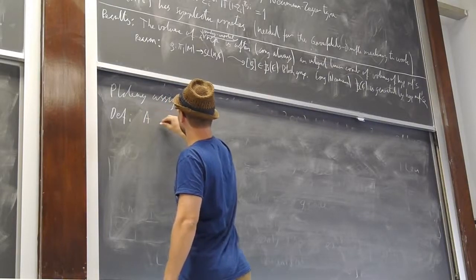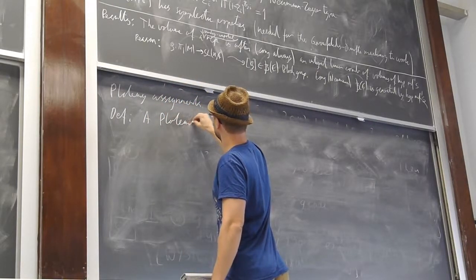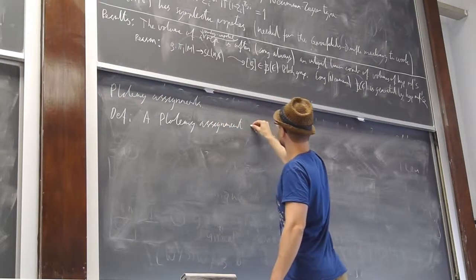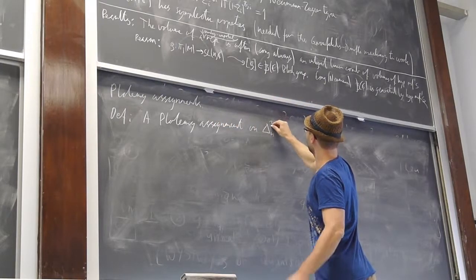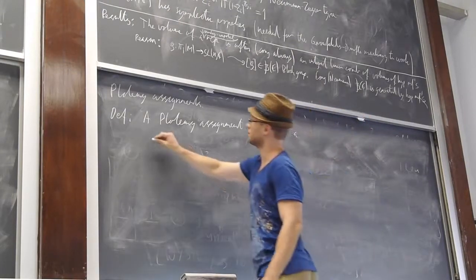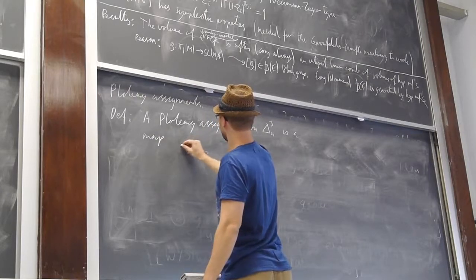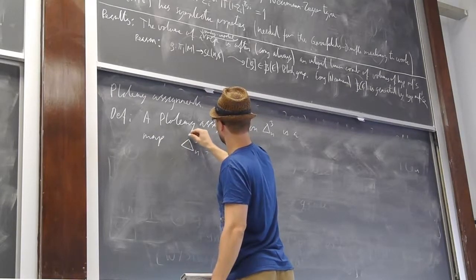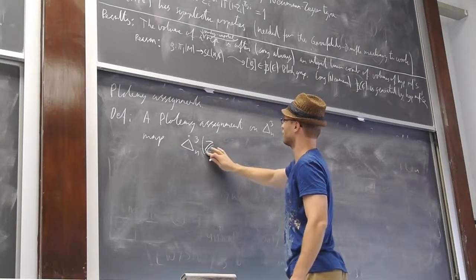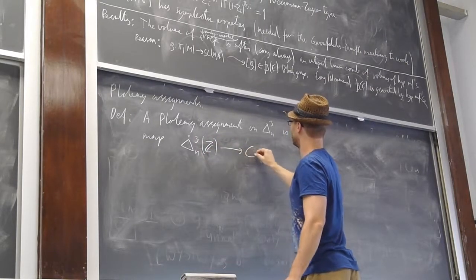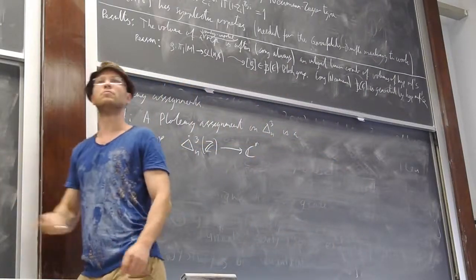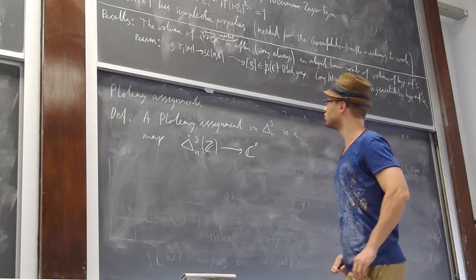The Ptolemy assignment on Delta_n free is a map. We don't want things. This just means the ideal points. The vertices are removed. We don't care about those. Into C star. So what you think about is you assign to each of these dots a number, a complex number.